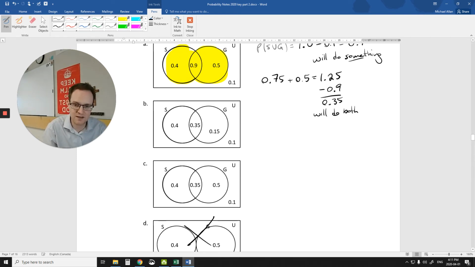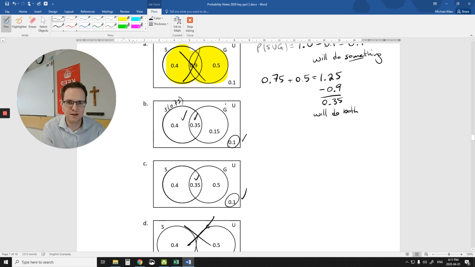So what I'm going to do right now is just cross things off. I know there's an overlap. So I'm going to cross off D, doesn't have an overlap. A, they calculated the overlap incorrectly. So these two look pretty good. They both have the proper neither on the outside, and they both have the proper overlap here. But one of the circles has a 0.15 and one circle has a 0.5. So the swimming circle should add up to 0.75: 0.4 plus 0.35, yeah.